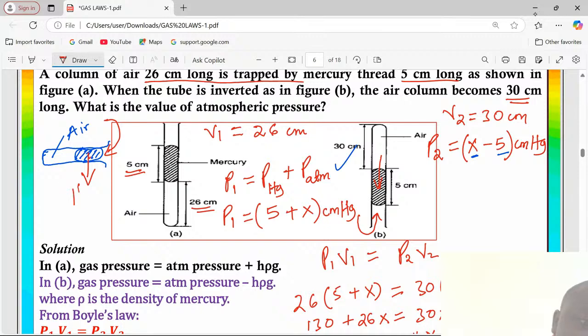Therefore, the significant pressure compressing the air column is simply equal to the pressure of the atmosphere.